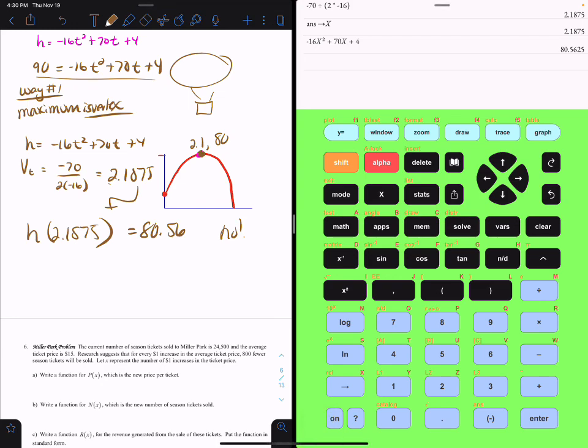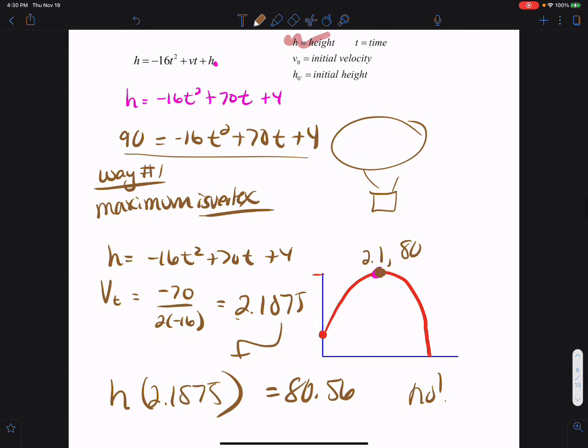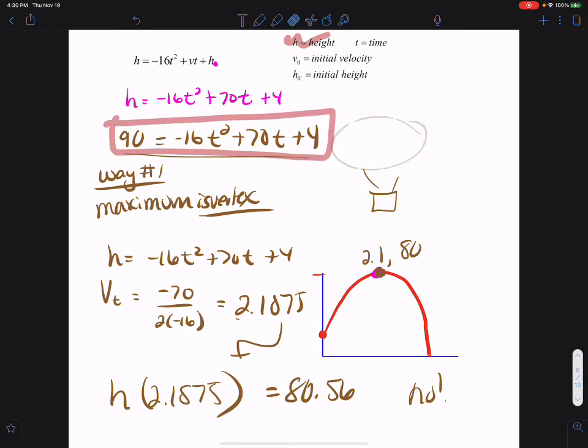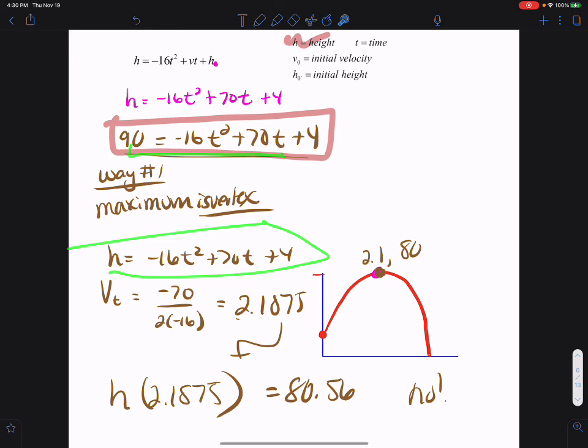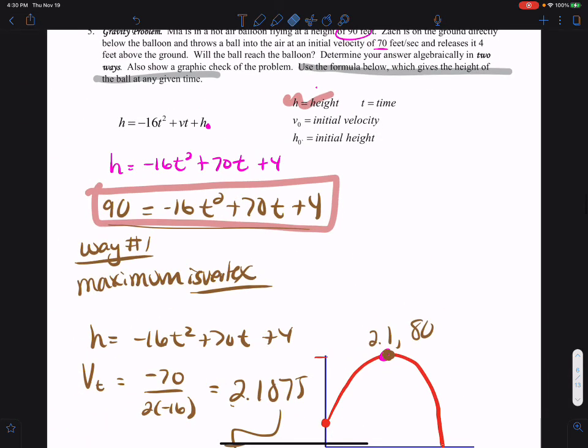The other way that we could do it, remember I said do it 2 ways, is we could just solve this equation. I'm going to do that up here in the margin. Rather than knowing anything about the maximums or the minimums of my function, if I want to know when this equation is true, I can just solve this quadratic equation. We've learned that in Algebra 1, but to solve a quadratic equation, we get it equal to 0, so I've subtracted 90 from both sides.